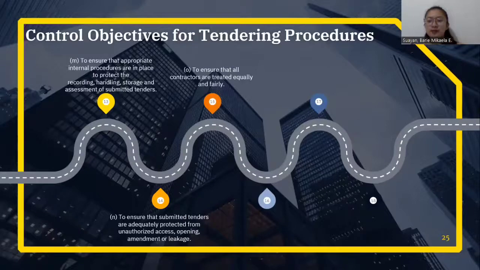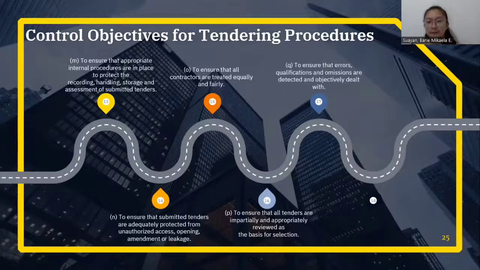In this objective must continue to treat the contractors equally and fairly. The contracts must always be reviewed and double checked as it would show the tenders are impartially and appropriately reviewed as the basis for selection.